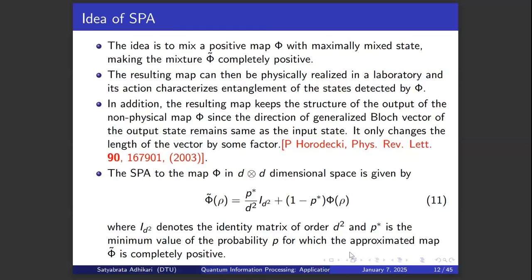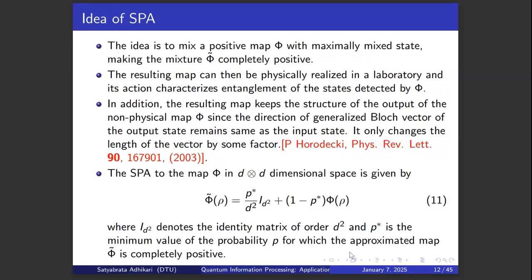The proportion you are adding on the positive map and the proportion you are imposing on the maximally mixed state will play a vital role in making the mixture completely positive. You can see equation 11. In equation 11 we are talking about a D tensor D dimensional system, and in a D tensor D dimensional system we have the identity operator of order D square.